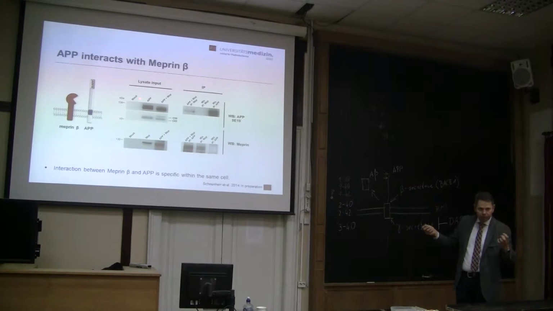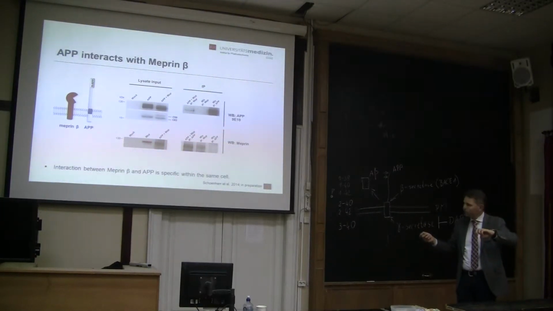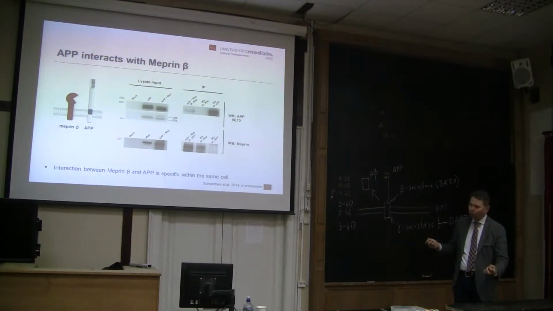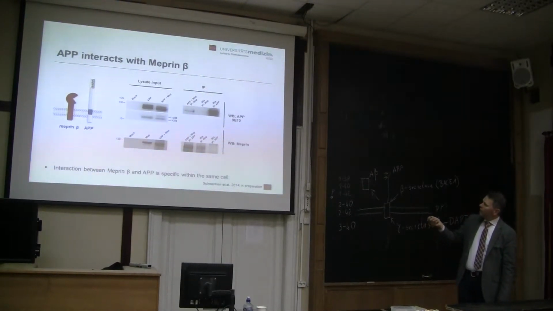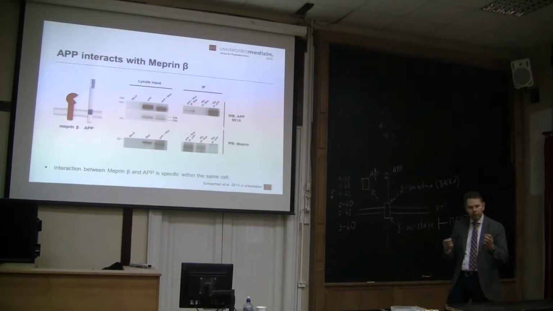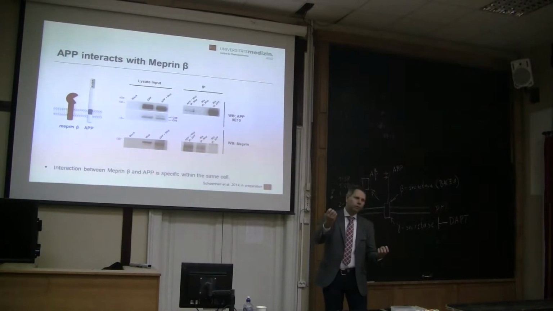So we pull down meprin beta, have that in our tube, put that on an SDS-PAGE, run a Western blot, and come then back with an APP antibody. We see here the APP band coming up, so APP was pulled down together with meprin in one complex. And when we have meprin alone, there is really nothing, right? And we could reverse that as well. So we can co-immunoprecipitate APP together with meprin, or meprin together with APP.